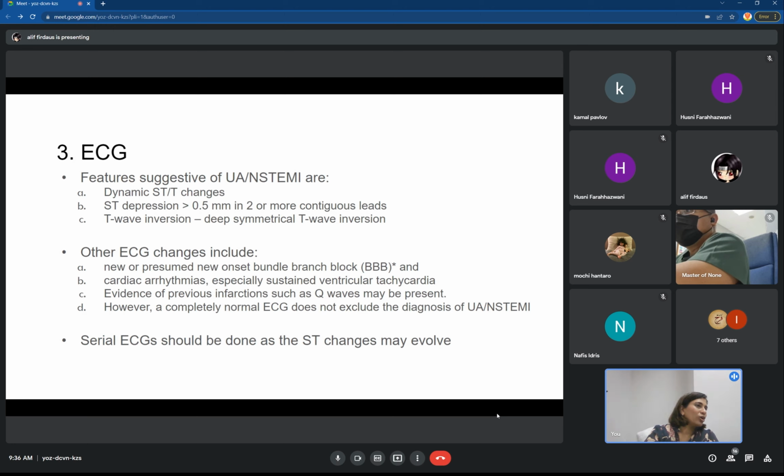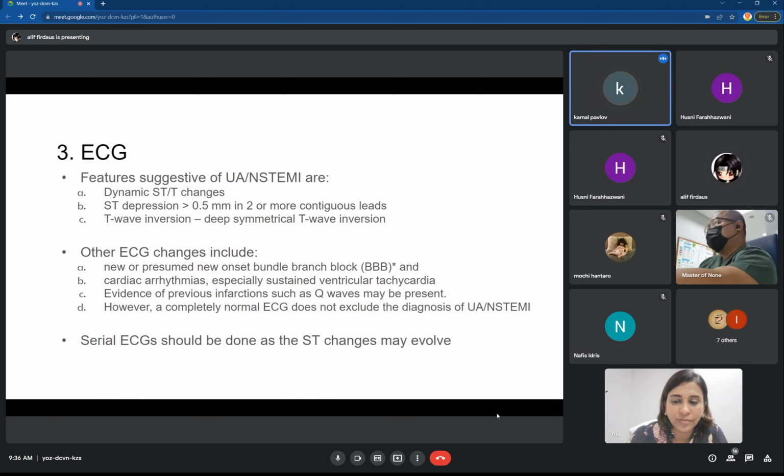Flutter tu dari mana? PVC dari mana? Flutter tu daripada atrium. Betul. PVC tu daripada ventricle. VT. PVC lebih daripada 2 and more, you need to be very cautious because the patient can be prone to get ventricular tachycardia.